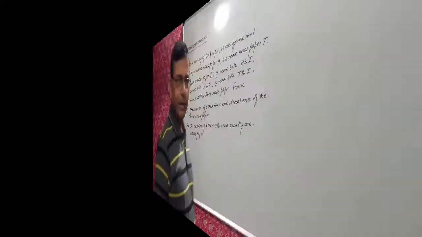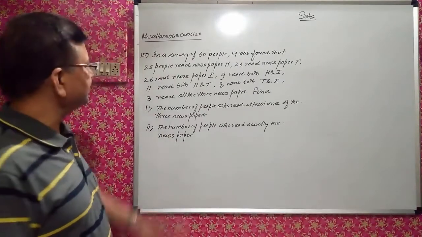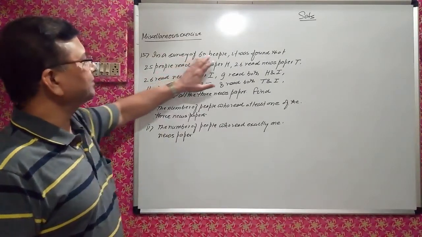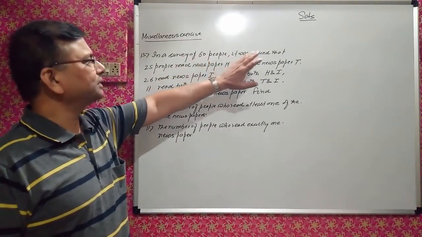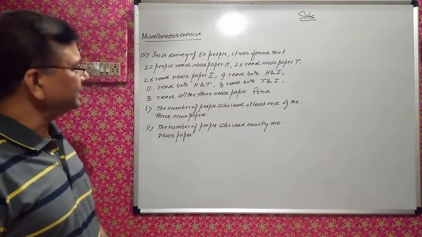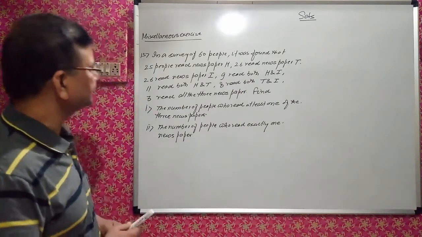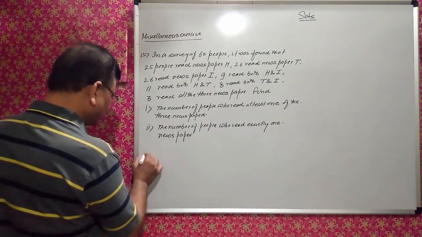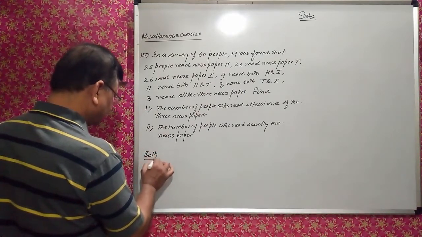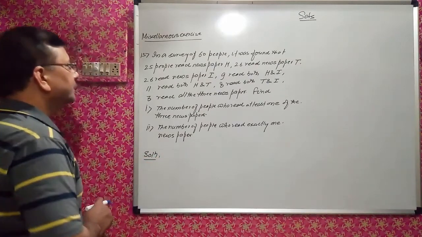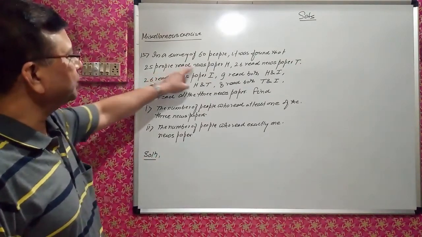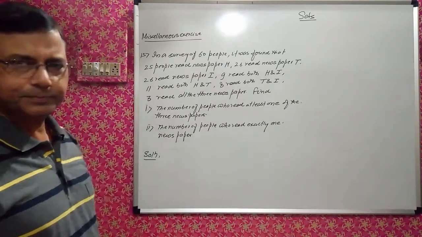Right? Now the 15th question, it is a very good question. In a survey of 60 people, it was found that, means total number of people, that is 60. Right? So we will go for the solution. 25 people read newspaper H. Right?